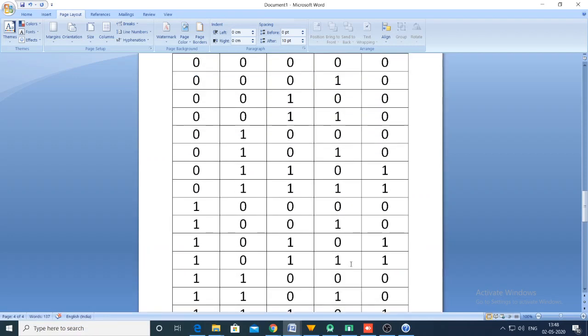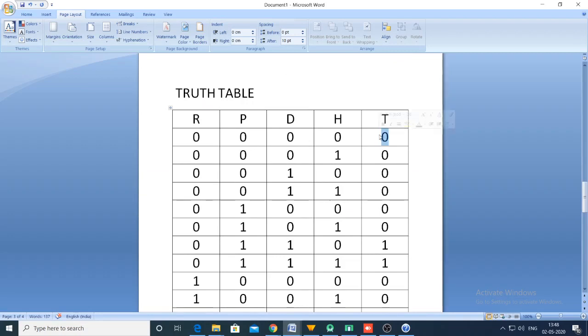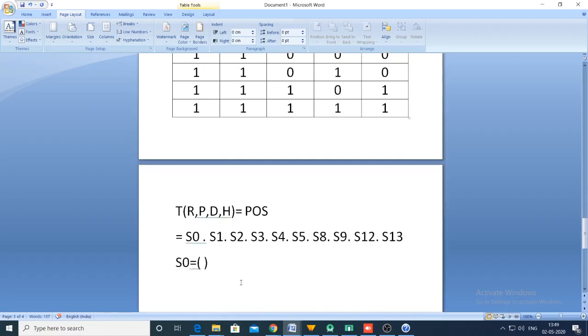So when you take 0, in order to make 0, what should be done? If you add R, P, D, H straight away without making any changes, we will get 0. So that is what we are going to do: R plus P plus D plus H, dot.